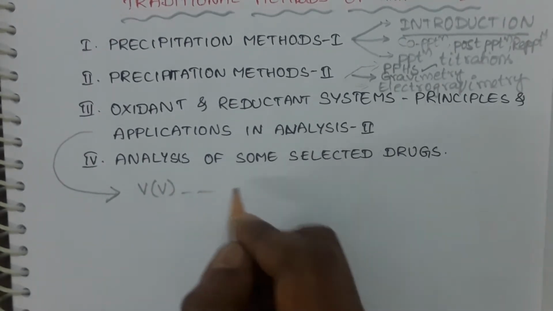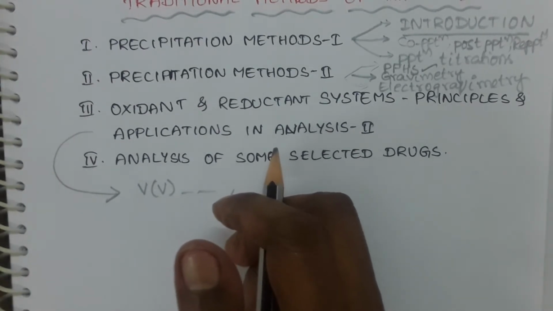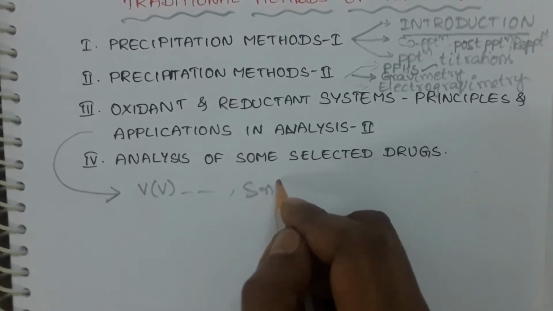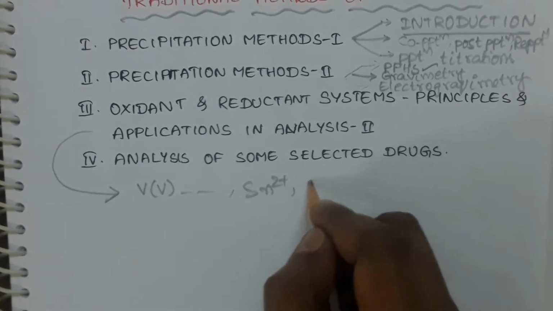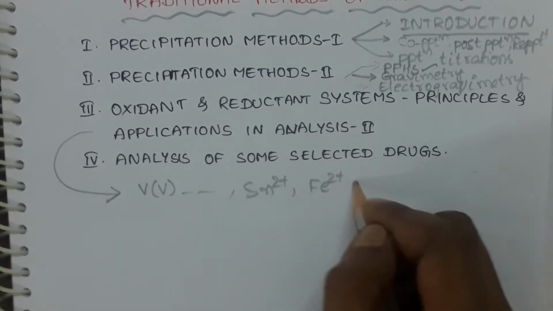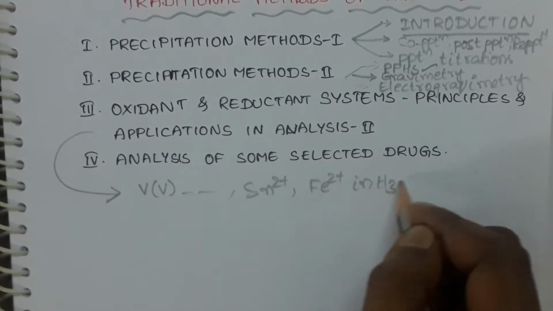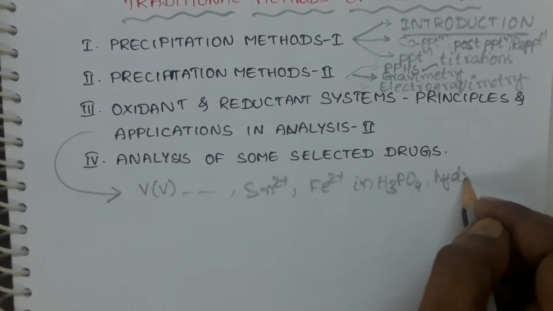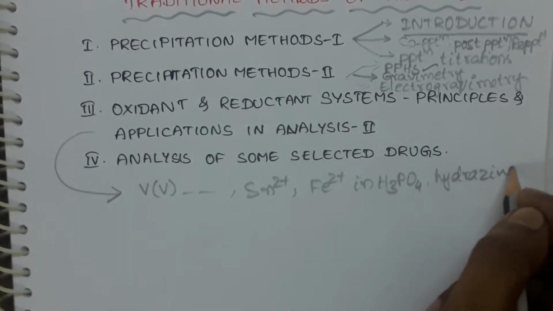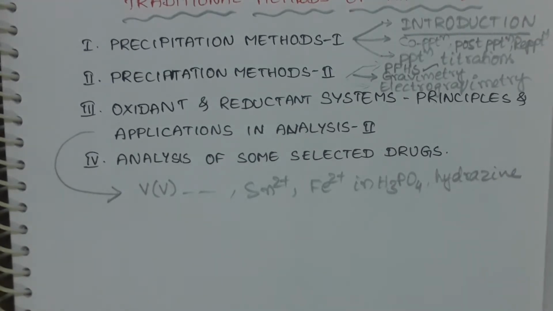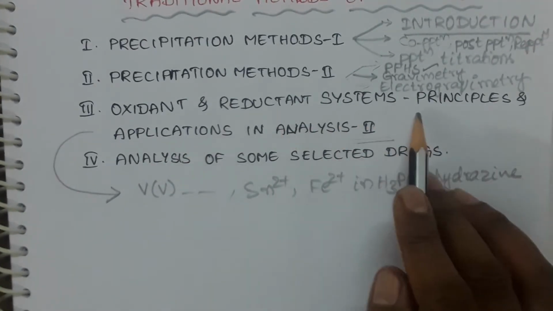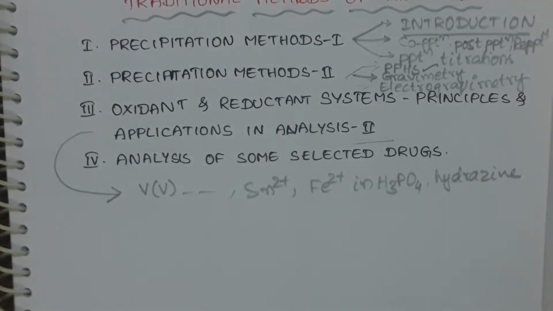as oxidant systems, and reductant systems like Sn2+ and Fe2+ in phosphoric acid. Next, hydrazine is also a reductant system. Same as in third semester, this is the second part of oxidant reductant systems, principles and applications in analysis.